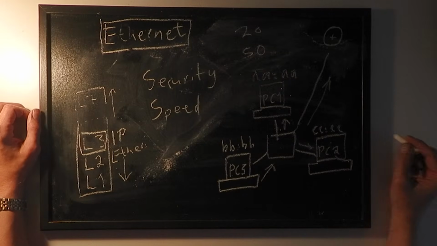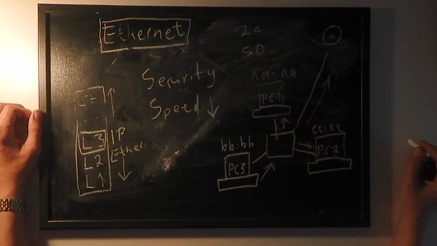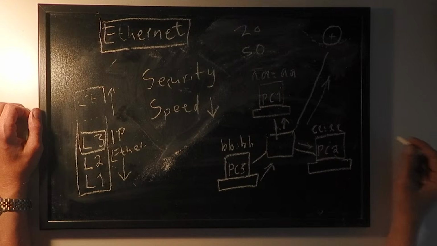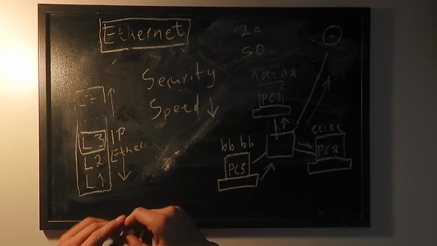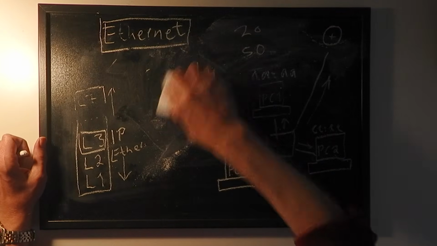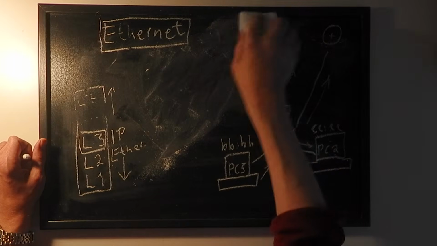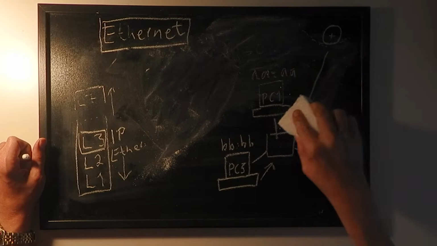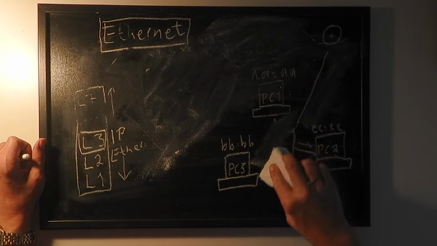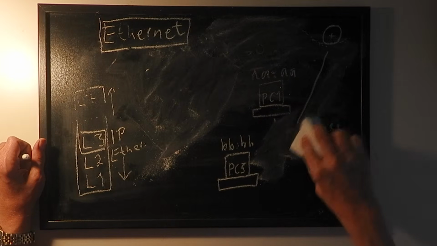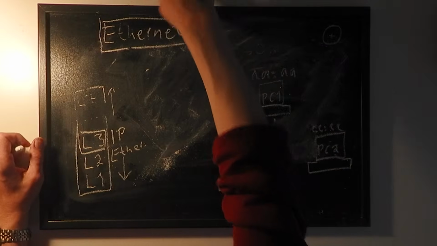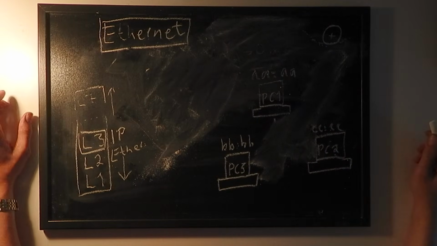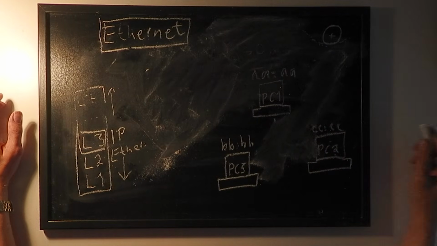The speed will go down very rapidly as new network devices get added. So that's why these types of hubs are no longer used. But during the 90s, this was the primary way of connecting local computers, at least on home networks.